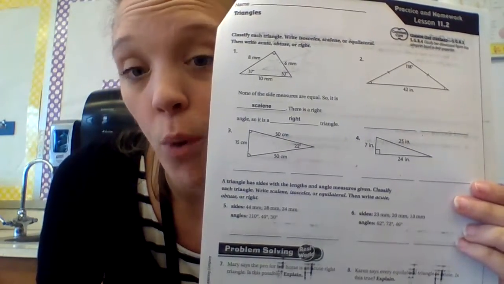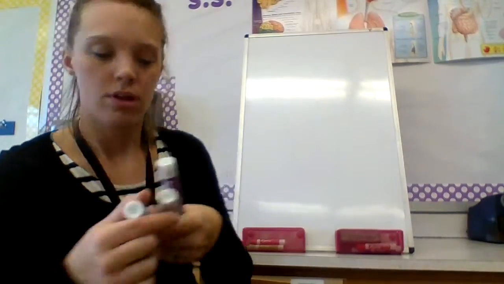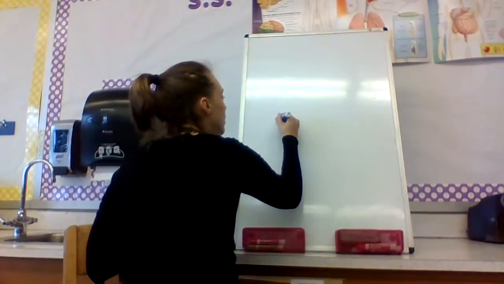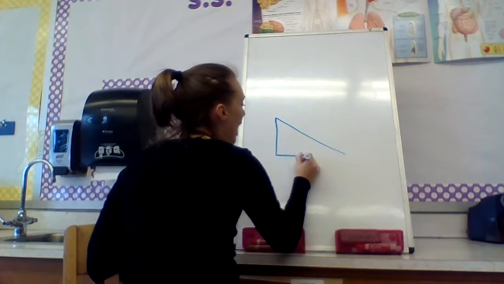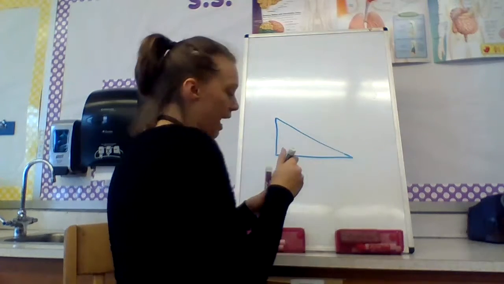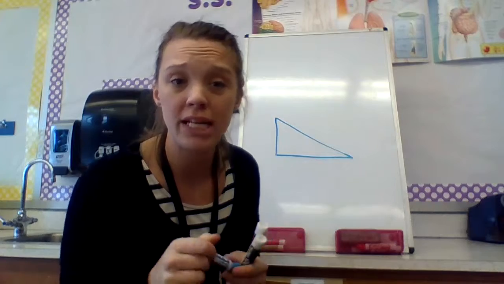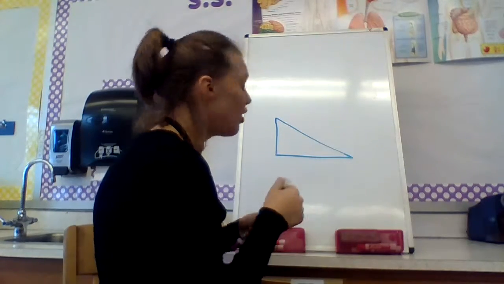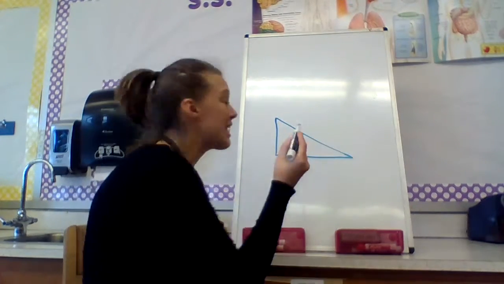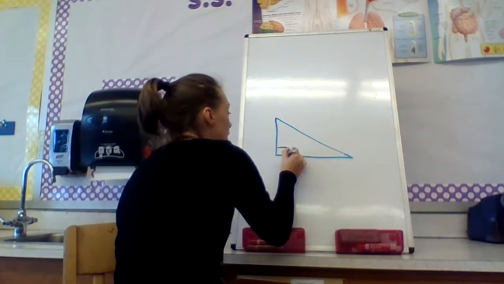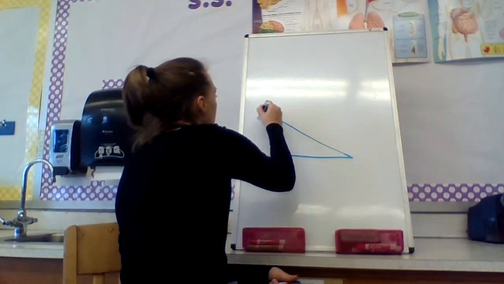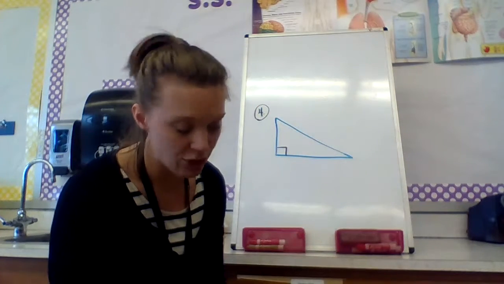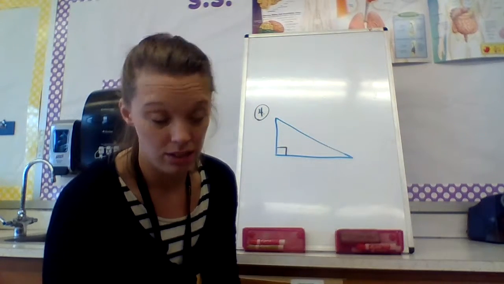So let's do number 4 together. Number 4, I see two things immediately that pop out to me. And this might look familiar because we did it in class earlier today. The first thing that I noticed is the angles. I immediately noticed that there is a right angle.